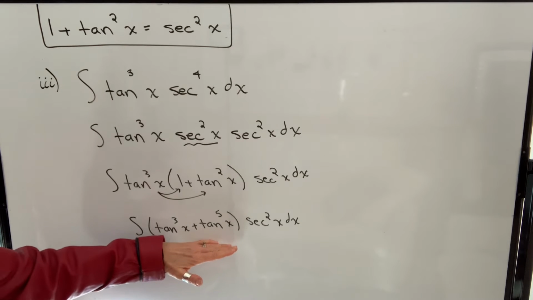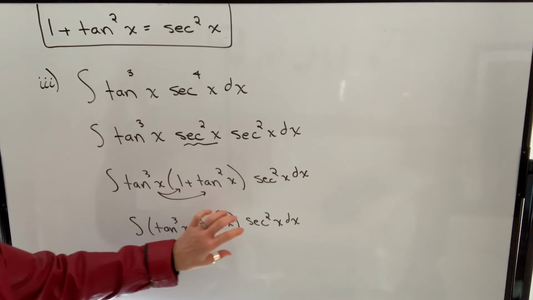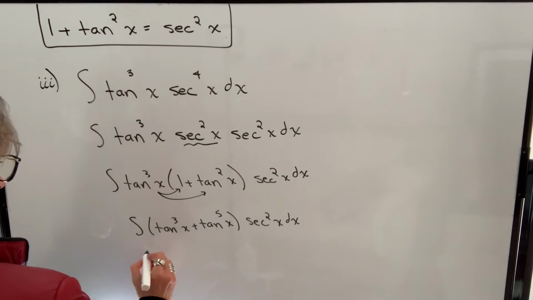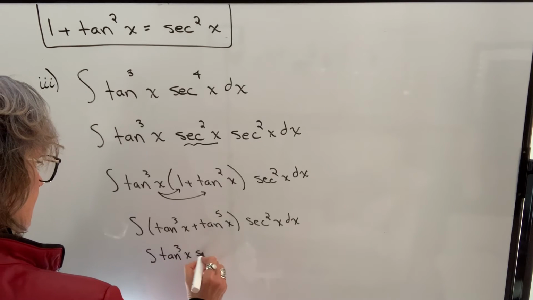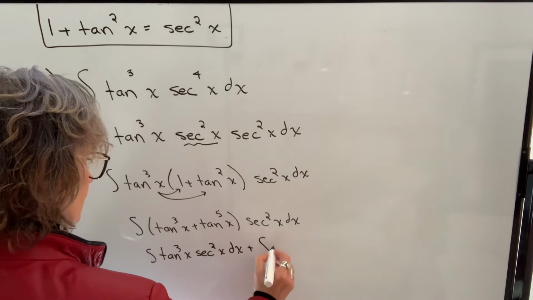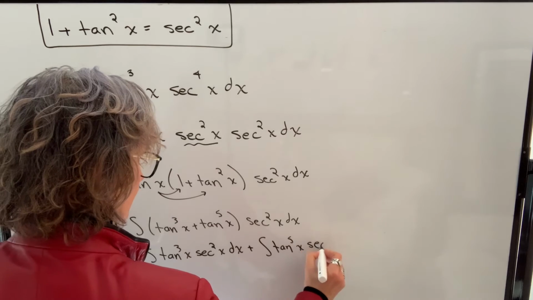You can leave it in this form if you understand that this is u to the n and this is your du. This is u to the n du, but I'm going to split it up into two integrals. So I'm going to have the integral of tangent cubed x secant squared x dx plus the integral of tangent to the 5th power of x times secant squared x.